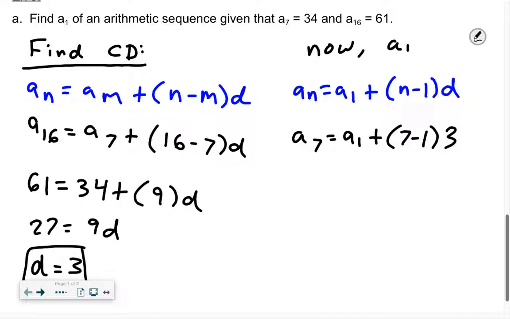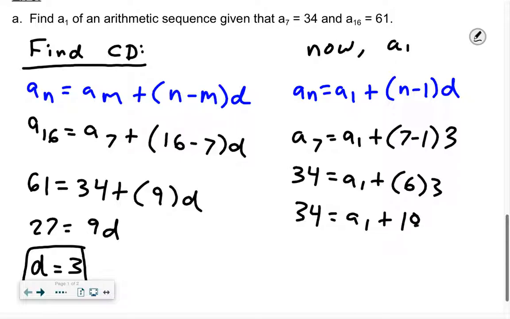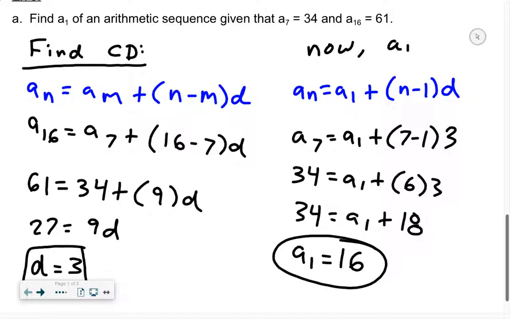What can I plug in here? 34. And now we can solve for a sub 1. Therefore, the very first domino is going to have the value of 16 written on it.